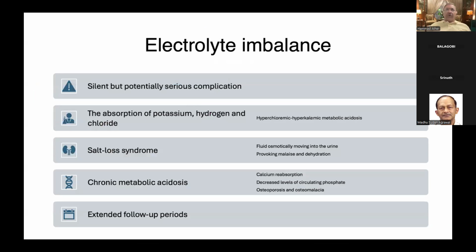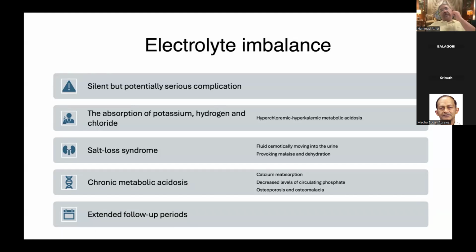Electrolyte imbalance, we all know that because of the reabsorption, if you do not have a good kidney function, your patient would have metabolic abnormalities, and you need to be really aware of these, particularly the hyperchloremic, hyperkalemic metabolic acidosis, which can occur if there is impaired renal function. The salt loss syndrome, again, is another factor.